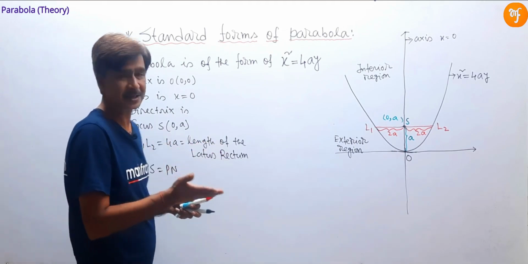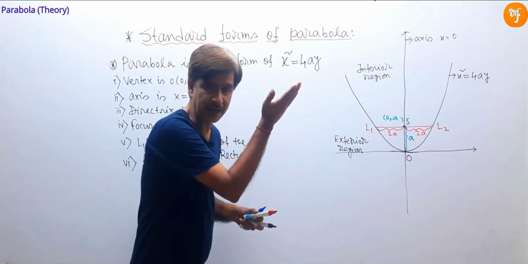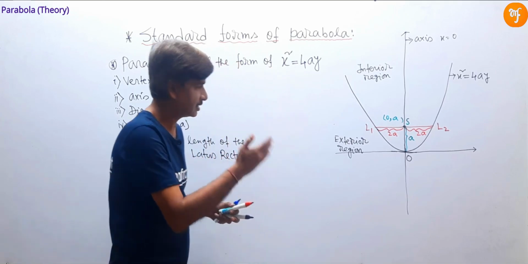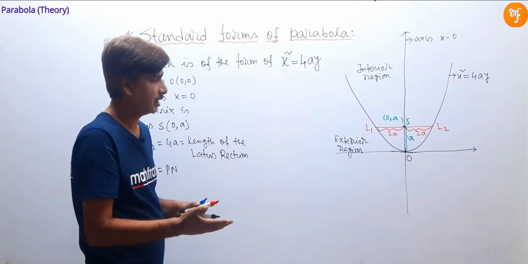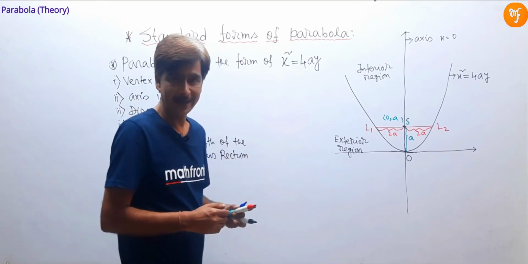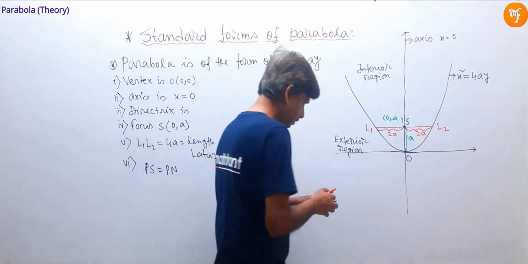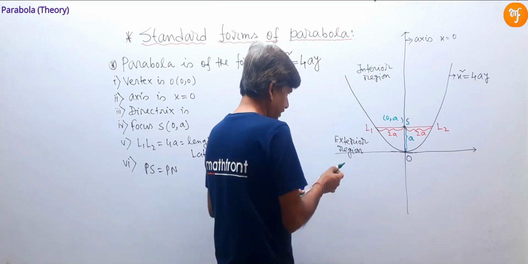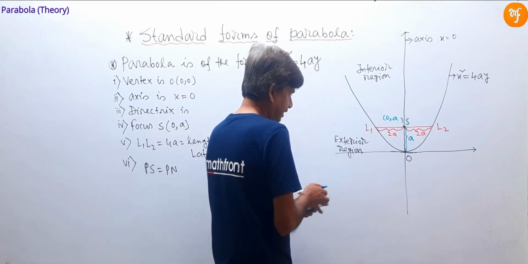Now what is the directrix? The directrix lies outside of the parabola, that is in the exterior region of the parabola, and it is perpendicular to the axis. So we can consider that this is the directrix.